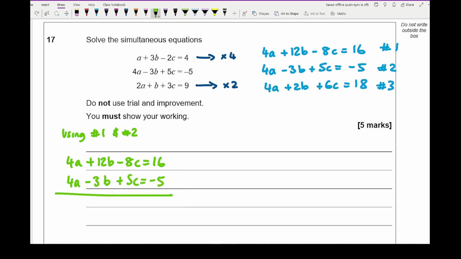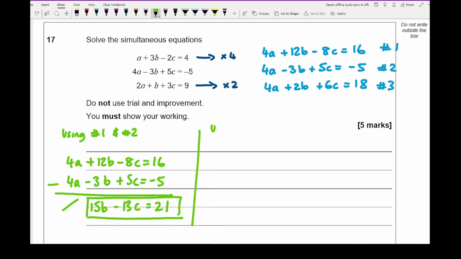Now if I take away the two equations, the a's cancel out. 12 minus minus 3 is 15b, and minus 8 minus 5 is minus 13c, and 16 minus minus 5 is 21. So that there is one of my equations to use.